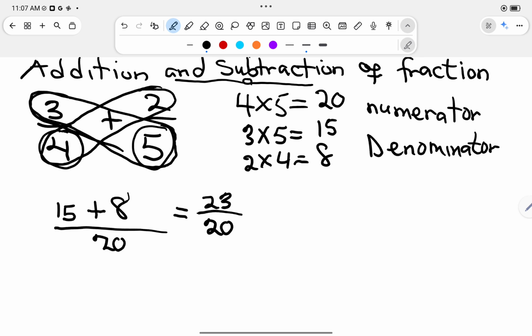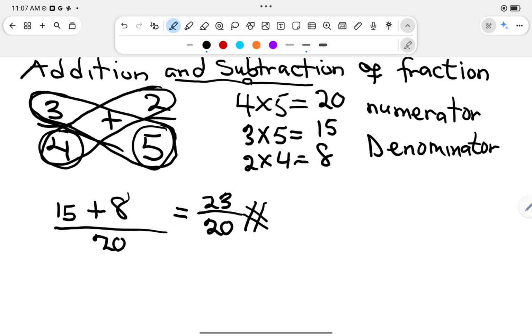As I said earlier, there are other ways we can solve addition and subtraction of fractions. This is one way, and I think it's one of the easiest ways to solve addition and subtraction of fractions with different denominators. You can simplify the answer, but in this lesson, we are not going to talk about it.